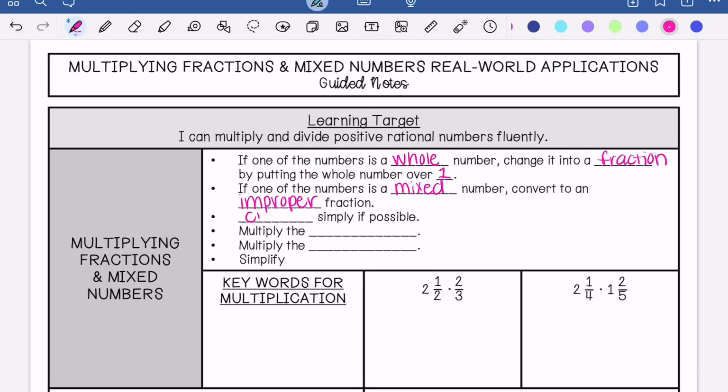You are going to cross simplify if possible, multiply the numerators, multiply the denominators, and simplify again if possible.